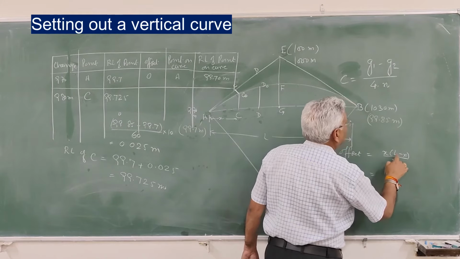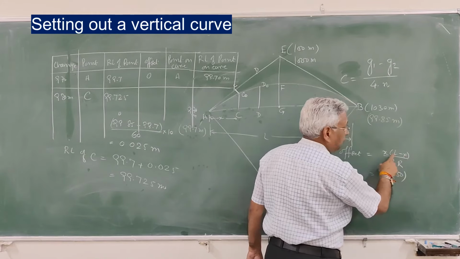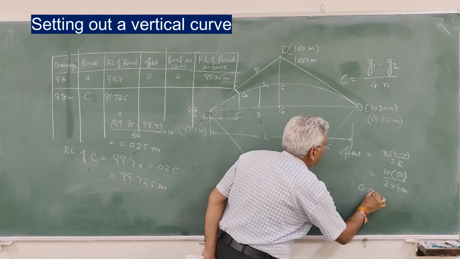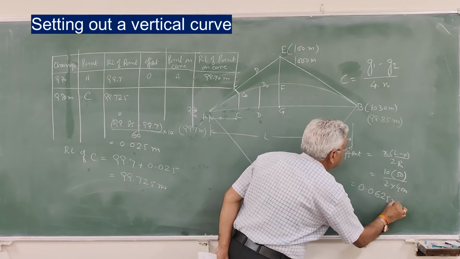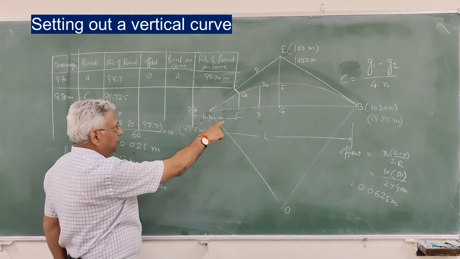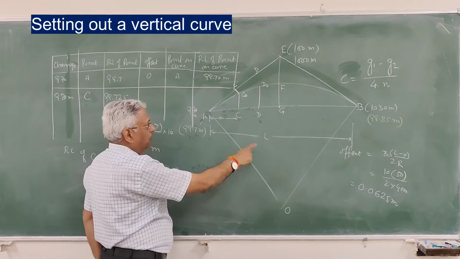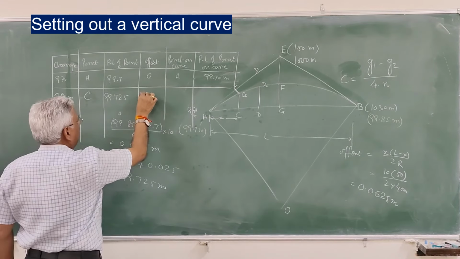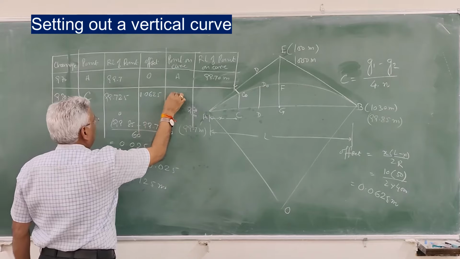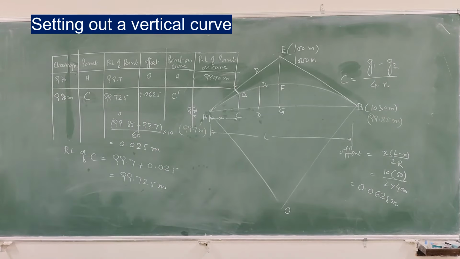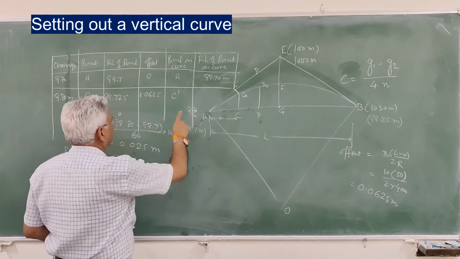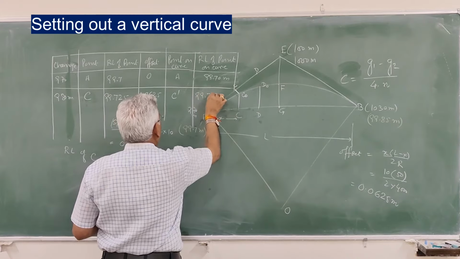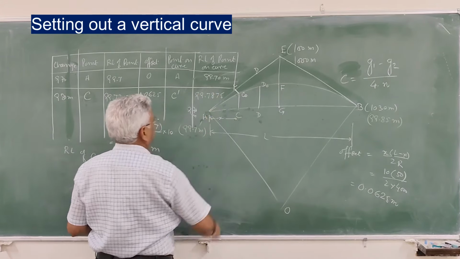X is 10, L minus x is 50 because L is 60, divided by 2 into 4000. This is 0.0625 meter. So if you add this 0.0625 to the RL of C, you will get RL of C0. So offset is 0.0625, point on the curve is C dash, and therefore its elevation or its RL will be 99.7875 meter.